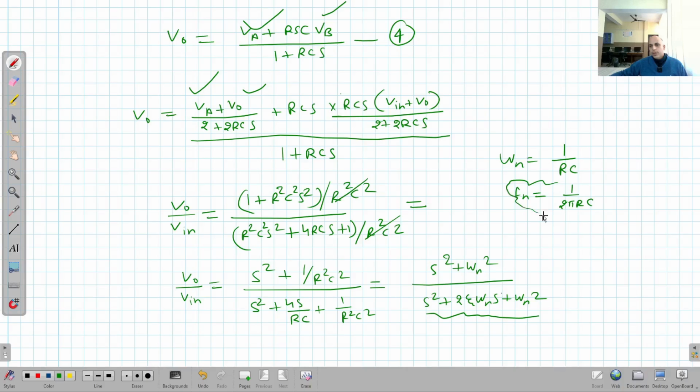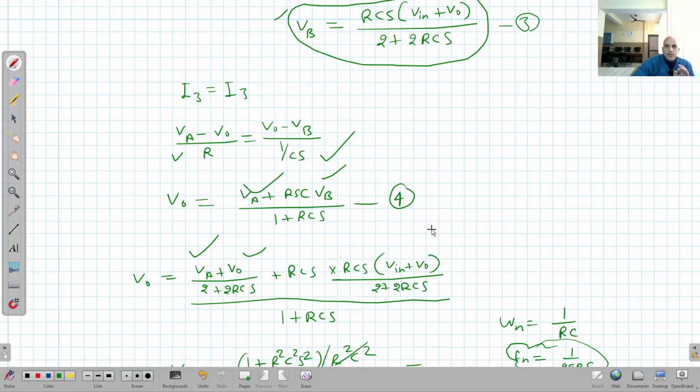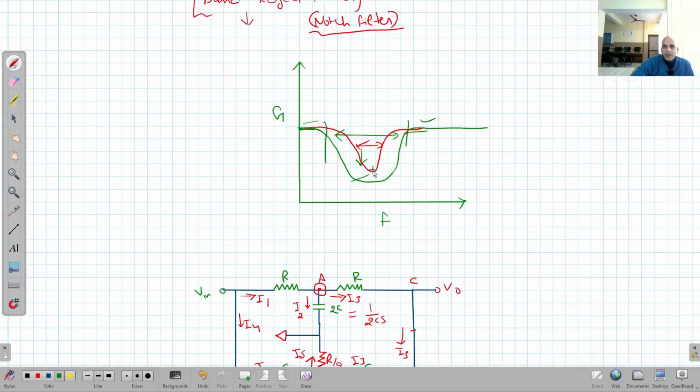This is the notch frequency. This is the transfer function for this band reject filter, where Fn stands for the minimum frequency, the notch frequency.